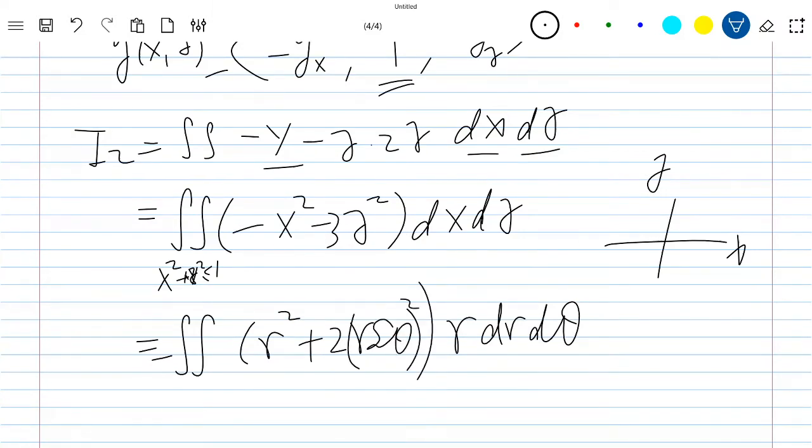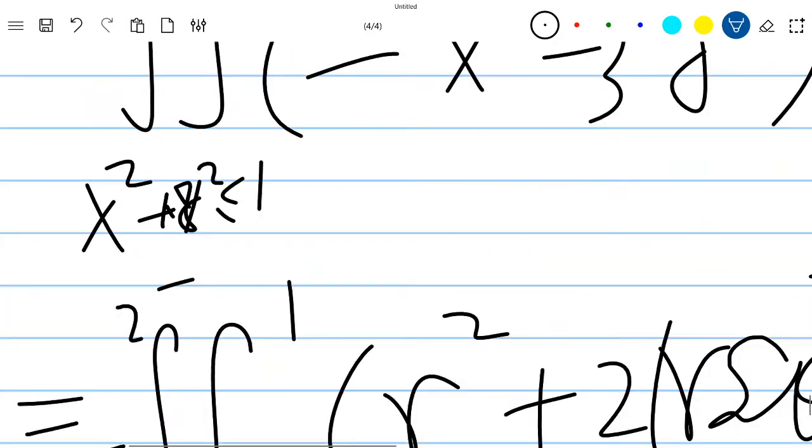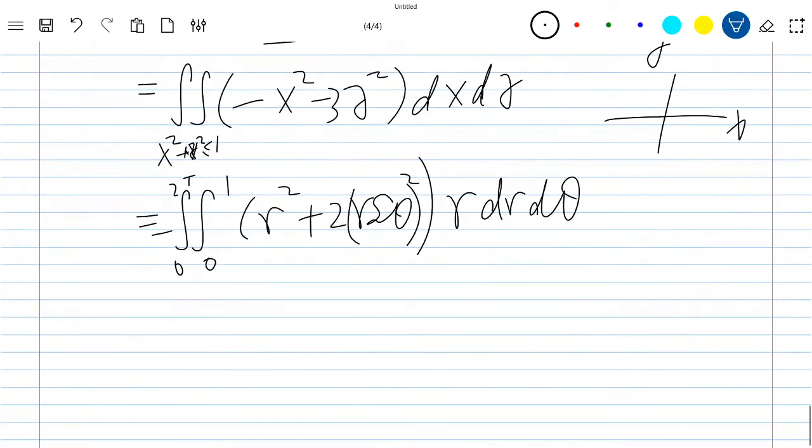Then r is from 0 to 1, and theta is from 0 to 2 pi. So that's your integral.